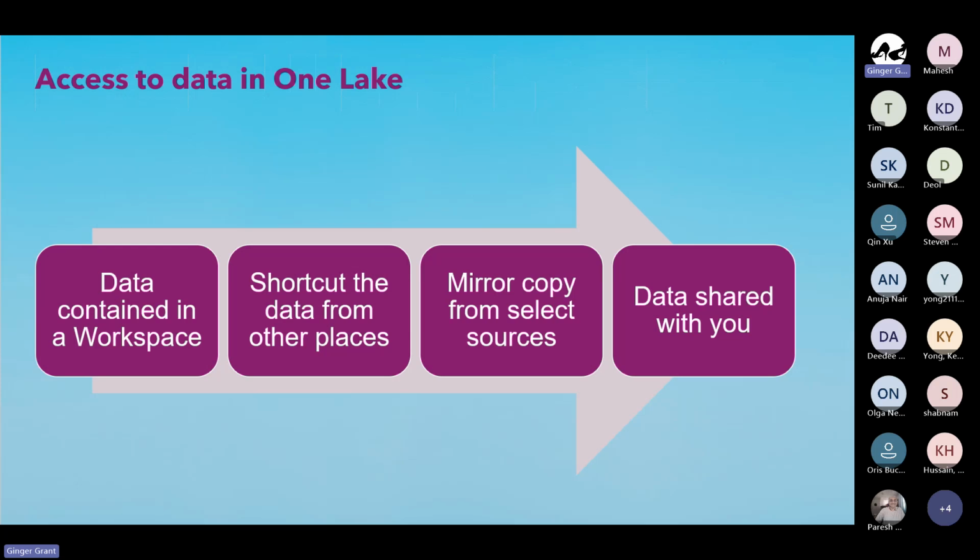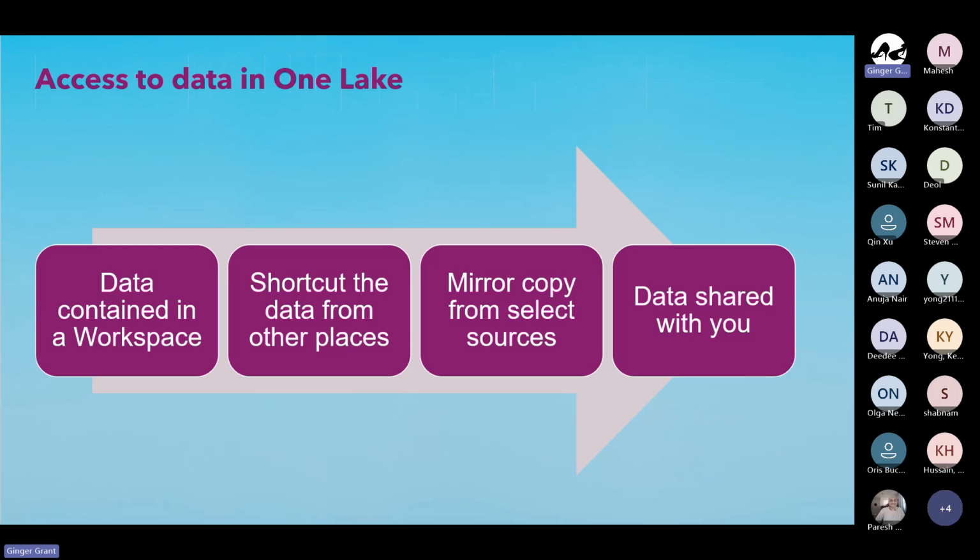If you want to access all the data that you have inside of OneLake, all of that's going to be inside of workspaces. Now, one thing that is really cool is that Fabric also adds the ability to shortcut. Microsoft realizes that people have data in other places. For years, you really had one option for that: you had the ability to copy the data. But they've also added this new technology called Shortcut. Let's say, for example, I have data in ADLS Gen 2.